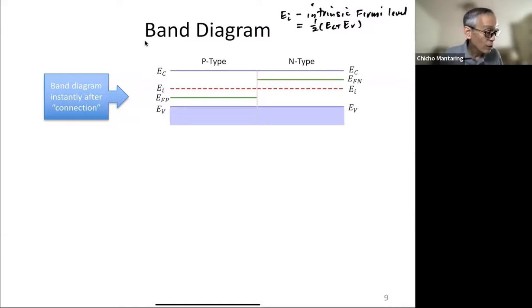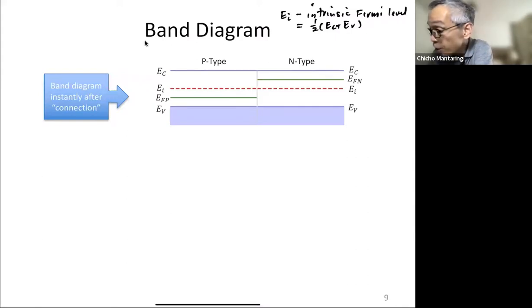Now, what will happen when the PN junction is first created? So this is the instant after it is created. Okay, this is going to be n-type, this is going to be p-type. There's going to be diffusion.